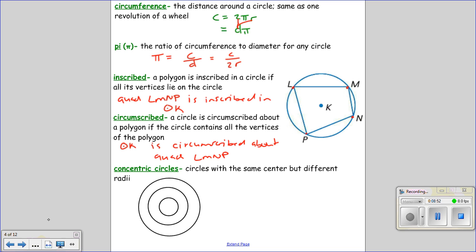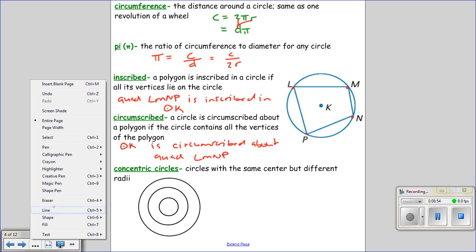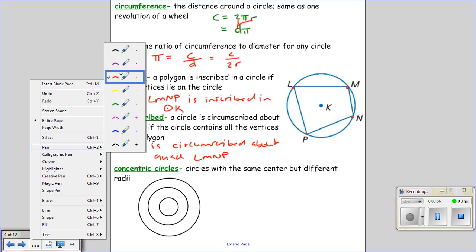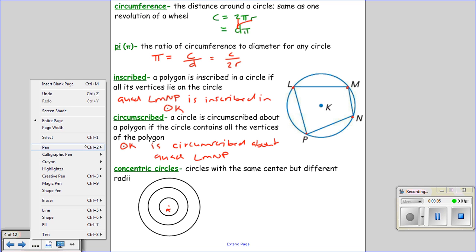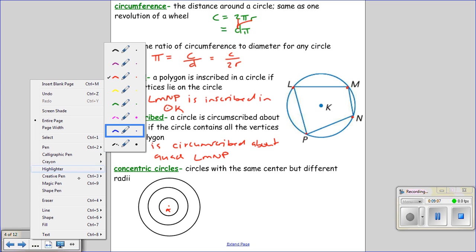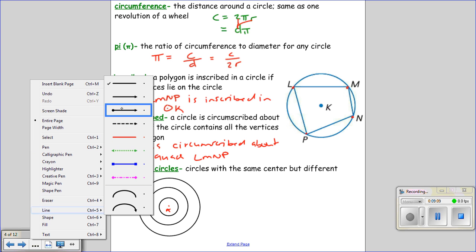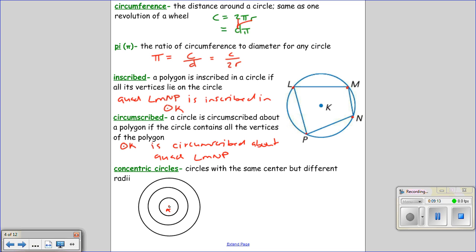There's three. Again, they have the same center. So let's say the center is point A, but each one of them has a different radius. Well, of course, that looks obvious because each one is getting bigger. So the smaller circle will have this radius.